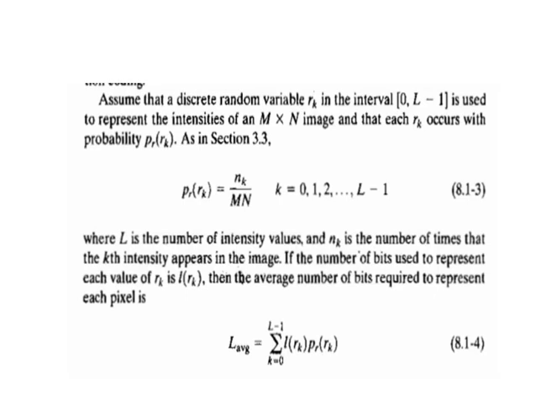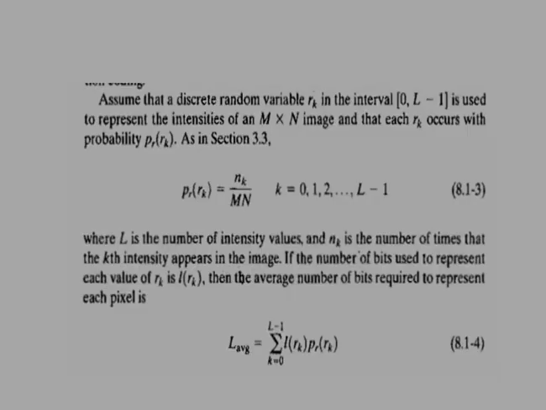If the intensities are represented using a natural m-bit fixed length code, the right hand side of the equation reduces to m bits, that is L_avg = m, where m is substituted for l(r_k). The constant m can be taken outside the summation, leaving only the sum of the p_r(r_k) for k from 0 to L-1, which is of course equal to 1.